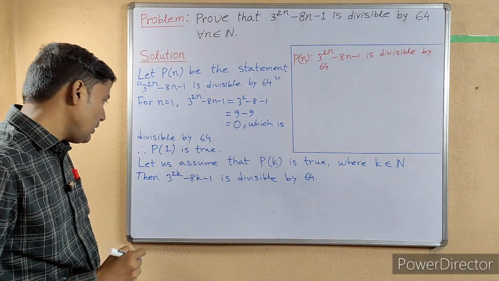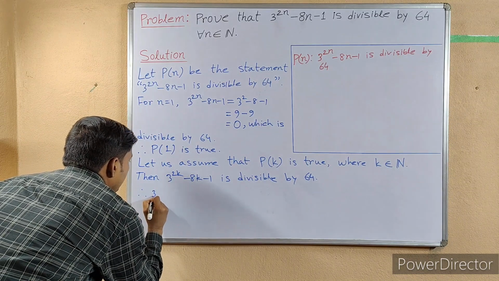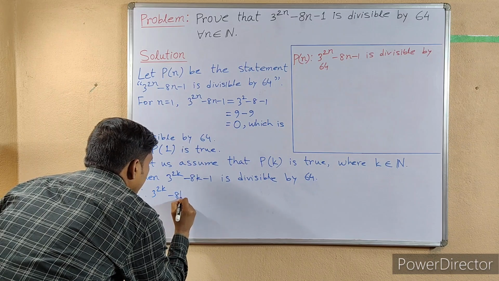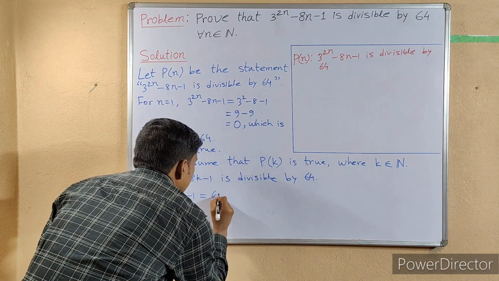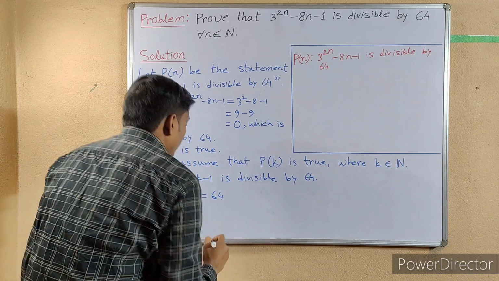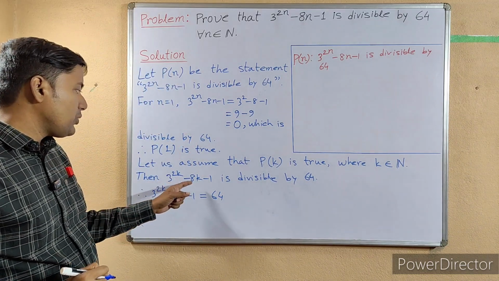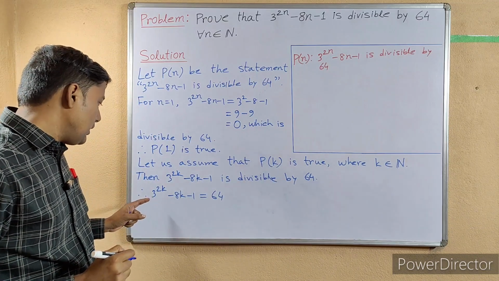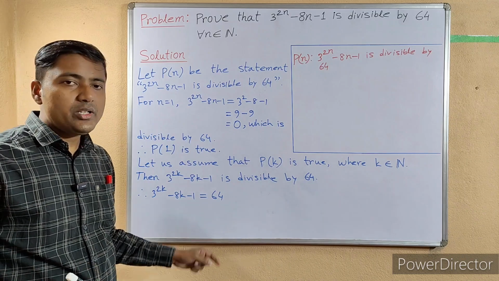Therefore, 3 to the power 2k minus 8k minus 1 is divisible by 64 implies 3 to the power 2k minus 8k minus 1 equal to 64 into what?